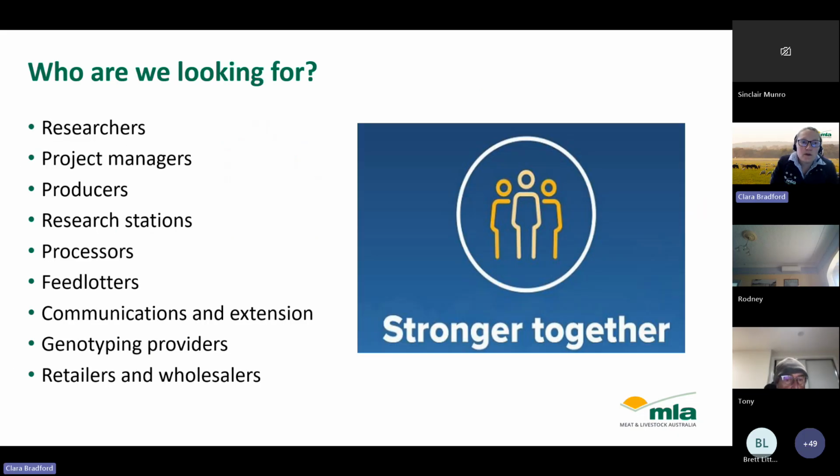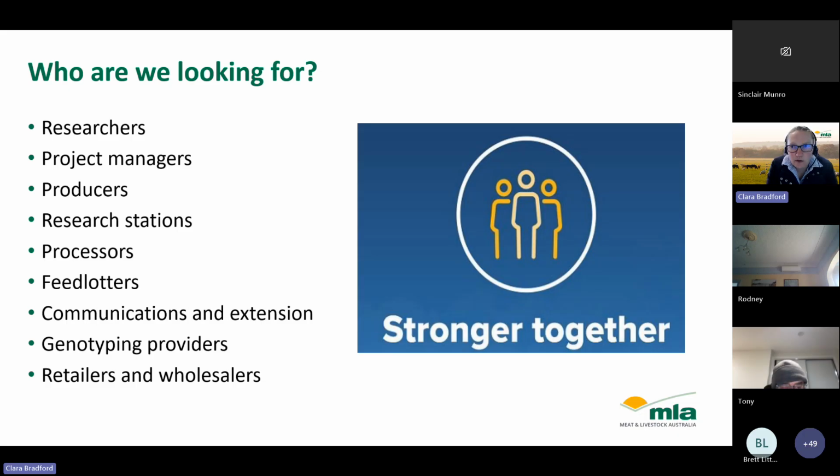So who are we looking for? As part of a reference population, we can't do that without a number of groups of people. We're really interested in engaging with our researchers for technical design and development of those projects, and project managers to ensure that we're keeping those projects on track and collecting everything that we need to collect.